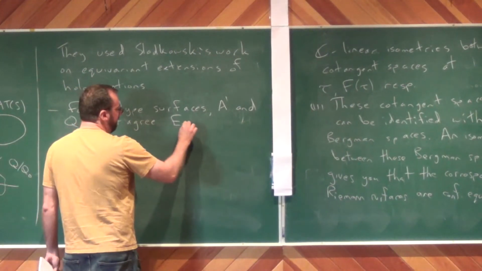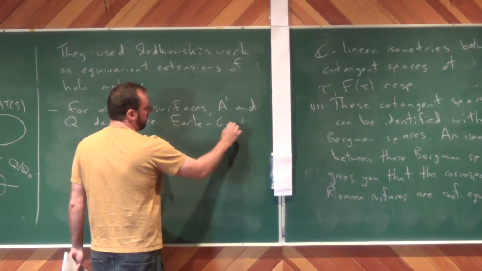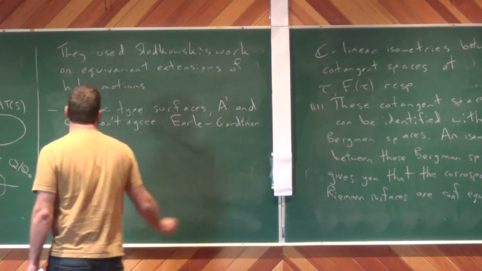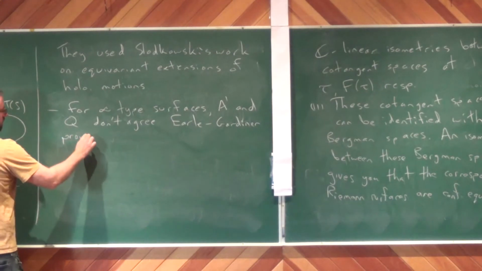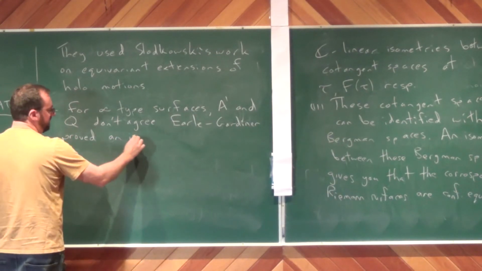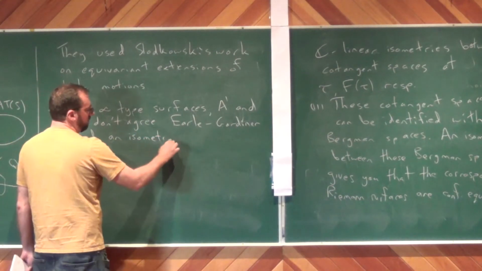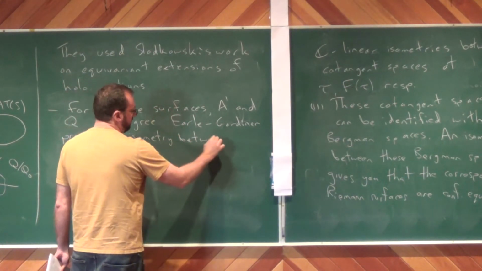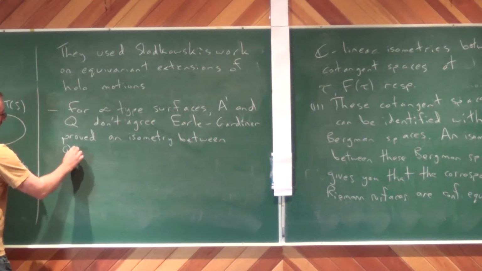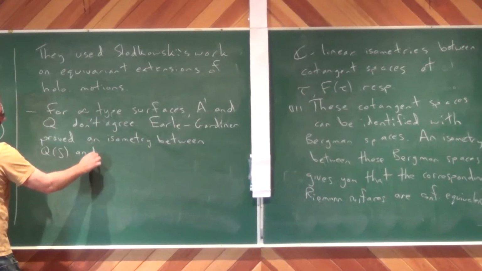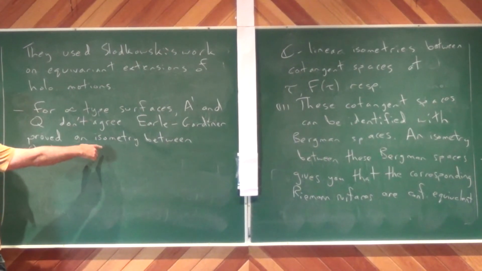They proved that all the isometries, by the way, are complex linear.